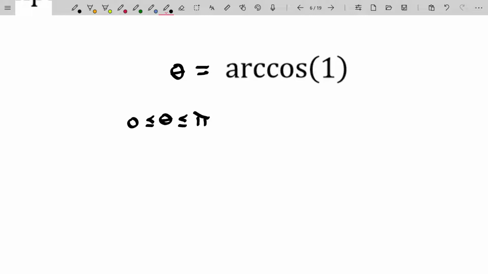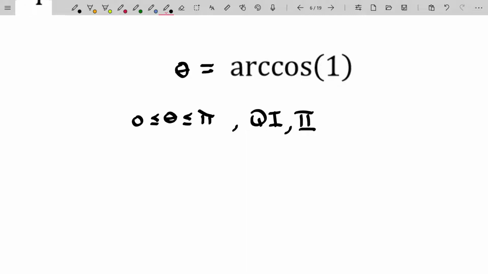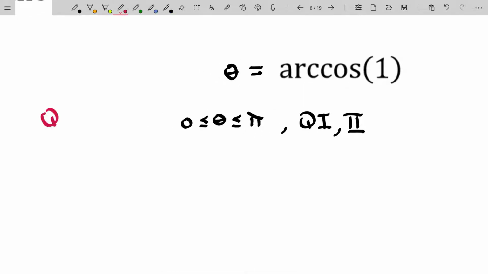In other words, you're dealing with either a quadrant 1 or a quadrant 2 angle. So those are my choices of quadrants. I'll just use Q for quadrant, that way it's just shorthand.